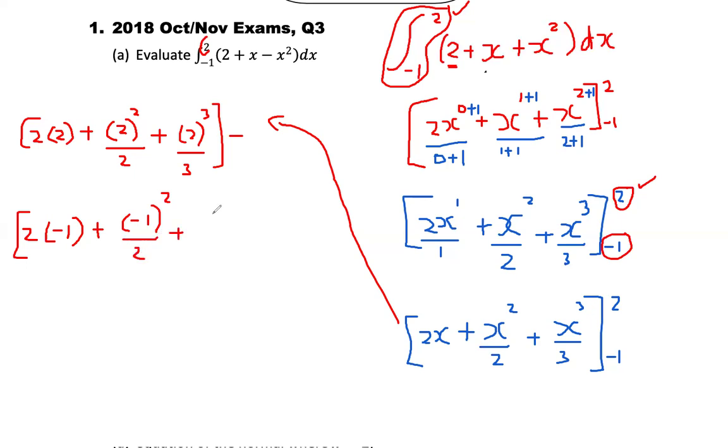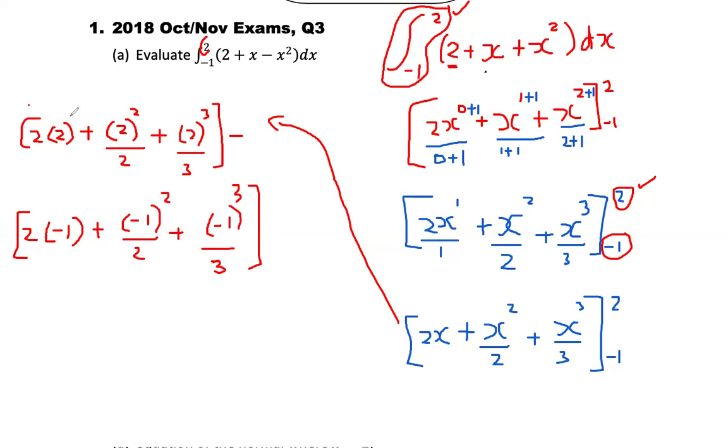We continue. So wherever there is x, where we were putting a 2, this time around we are putting a negative 1. Meaning, regardless of what is there, for as long as the limits are given, you keep substituting. In all totality, it doesn't change. So let's compute.